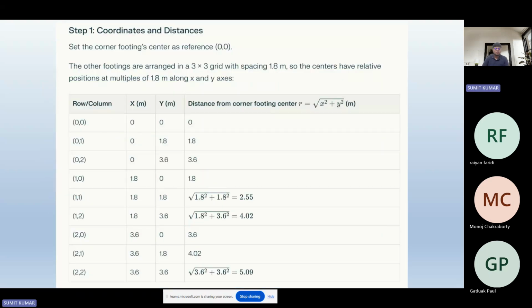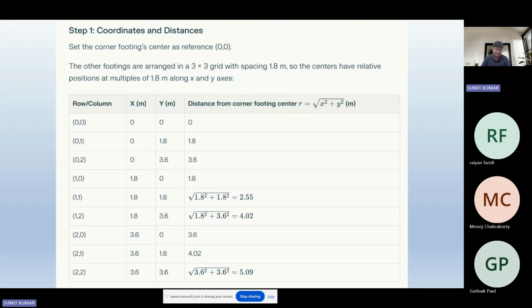Now let's see over here by XYZ direction, the distances are already mentioned, so we are able to calculate the R. So first of all, see, set the corner footing as the center at 0 0, and for the other 3 by 3 we put the X and Y values.